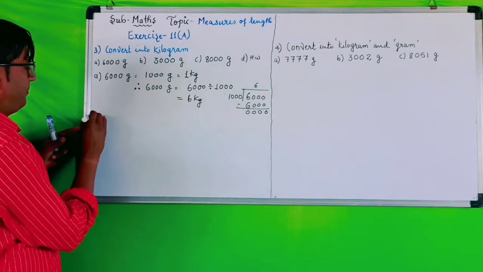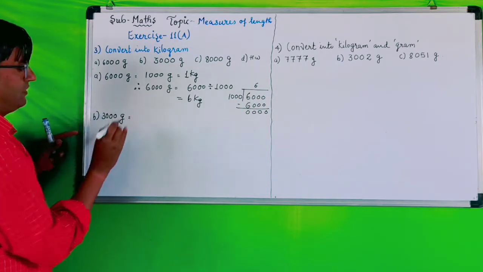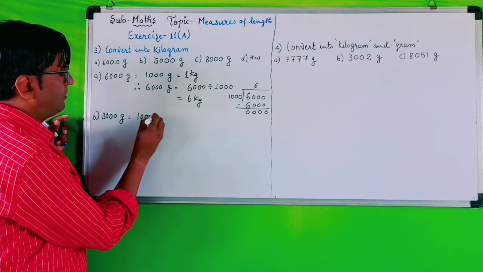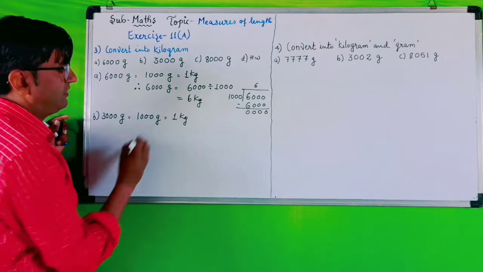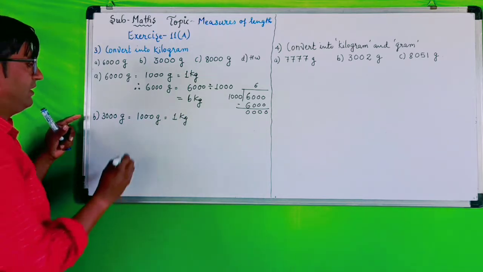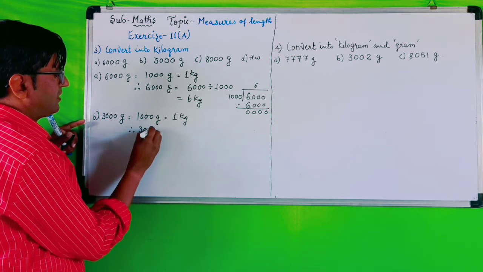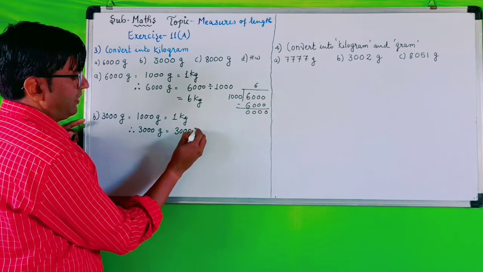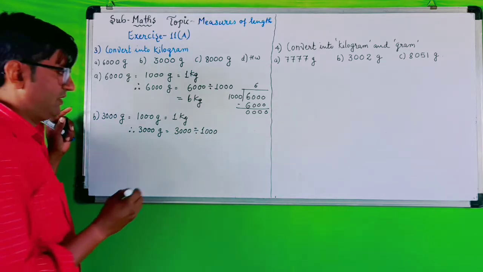Next one is 3000 gram. So 1000 gram equals 1 kg. Therefore 3000 gram equals 3000 divided by 1000.